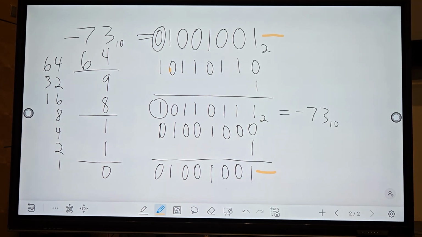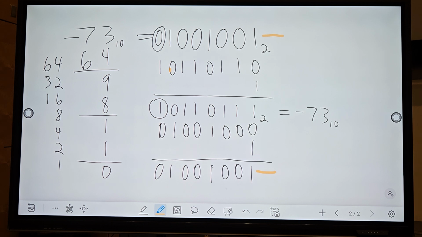Pretty straightforward. Just remember that a base has that many symbols. So a base of 7 will have 7 symbols. Base 10 has 10 symbols. Base 2 has 2 symbols.